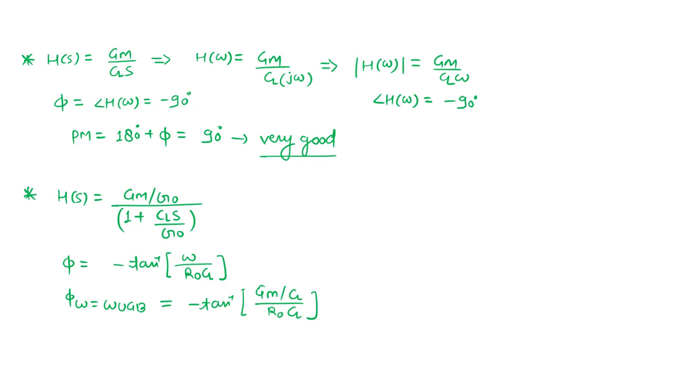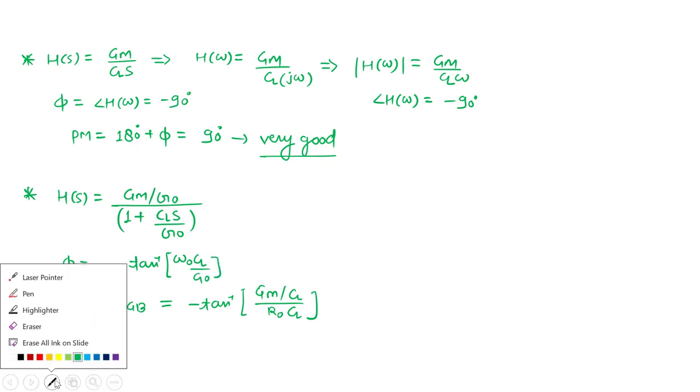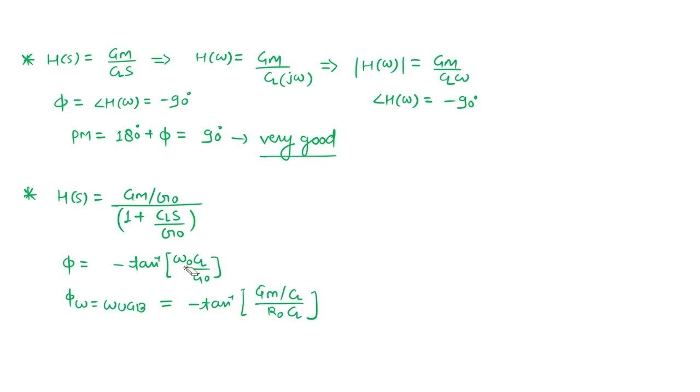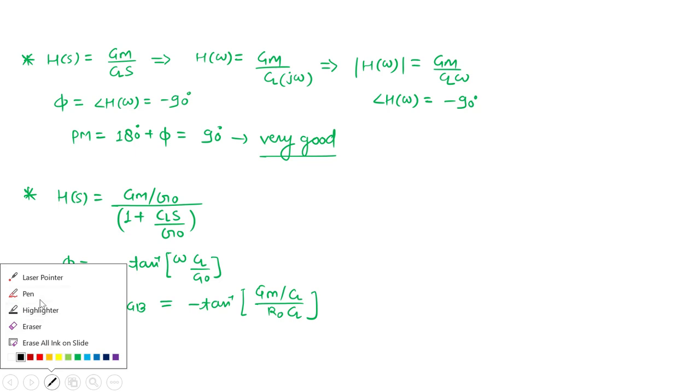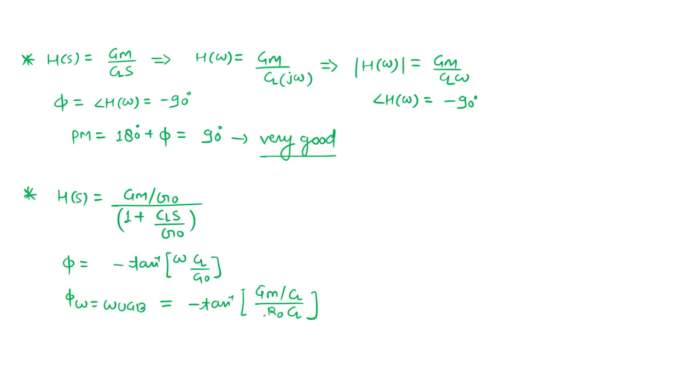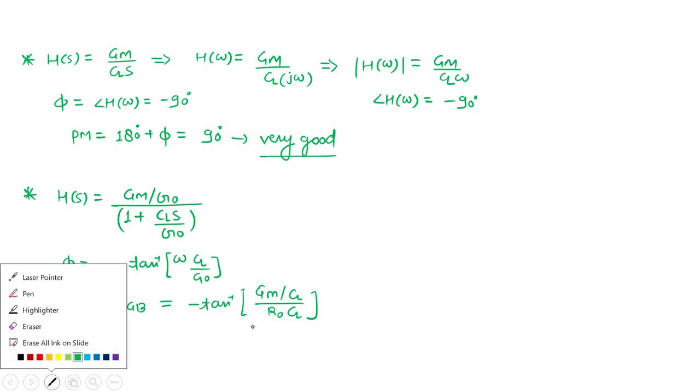Something is incorrectly written here. Sorry, it is omega CL by G naught. Not omega naught, it is omega in general, and we want it at omega equal to omega UGB. So omega CL by G naught. From here, what you see, I should erase this also.